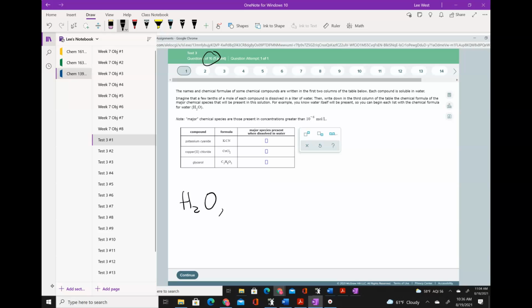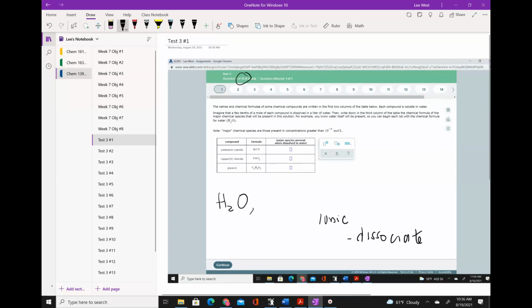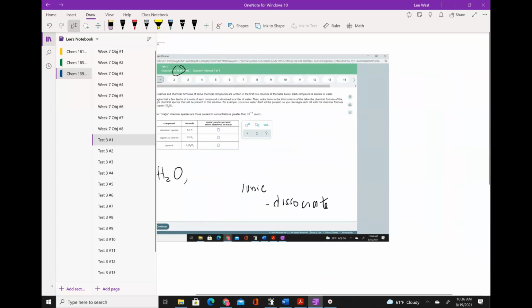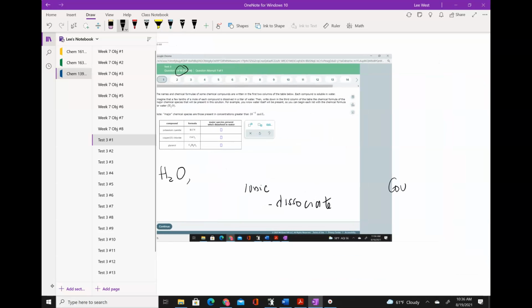So what this is really about is understanding that ionic compounds that are soluble in water dissociate. All right. So ionic bonds can be pulled apart by water molecules, but covalent compounds don't dissociate unless the compound is an acid.